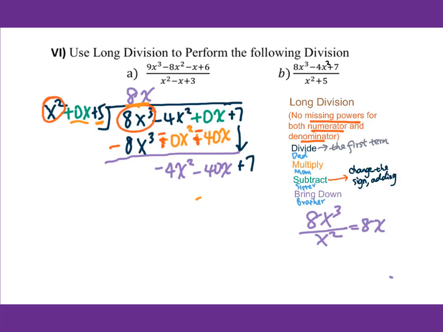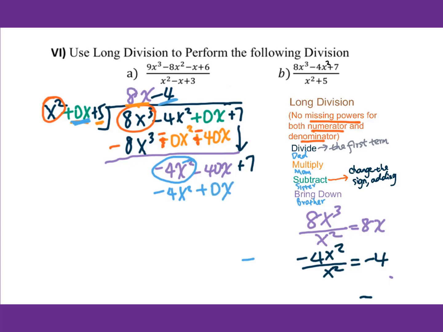First term, you will get negative 4x squared over x squared. That is negative 4. Still, the first term the same. Negative 4x squared. Then multiply 0x times negative 4, still 0x.